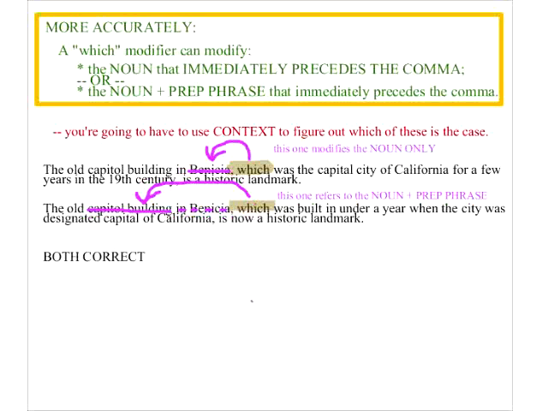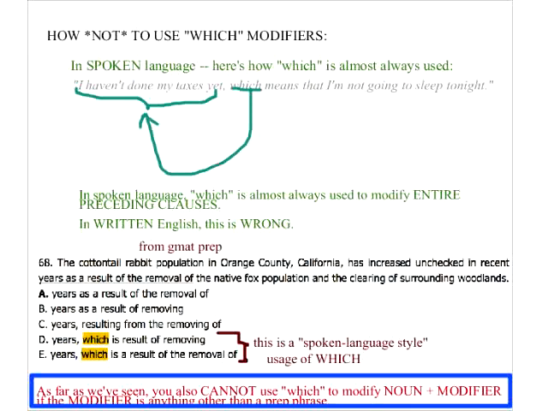So right now you've got two possibilities for which. We've got noun only and noun plus prep phrase. We have not seen evidence of other types of modifiers being okay here attached to the noun. It's definitely wrong to use which to modify a clause. There's 100% certainty that this is incorrect in written language.